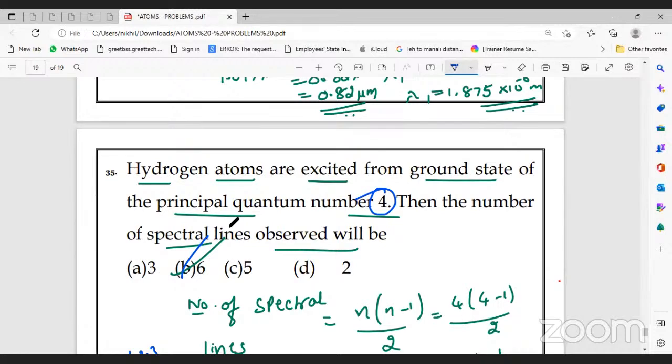During a nuclear reaction, some radiations are emitted, which phenomenon we call radioactivity. We are going to deal with this in the next class, that is nuclei and radioactivity. I will stop at this stage, students.